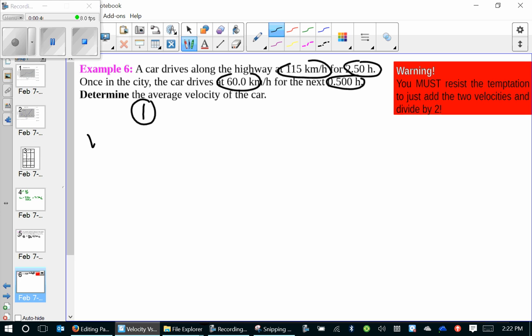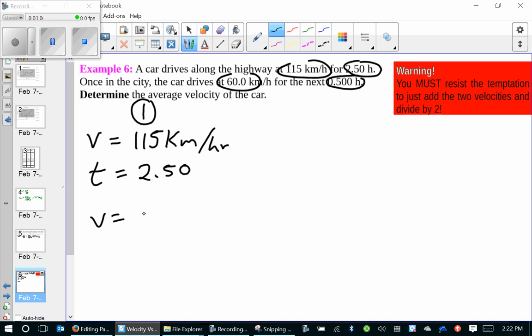We have our velocity is equal to 115 kilometers an hour. This of course is an average velocity, and we have a time of 2.5 hours. Well, we know that velocity is distance over time, or displacement over time rather. If I wanted to get displacement by itself, I would have to multiply both sides by time.